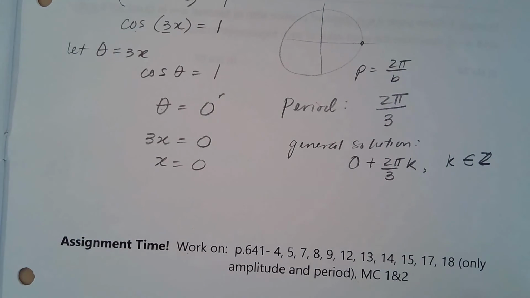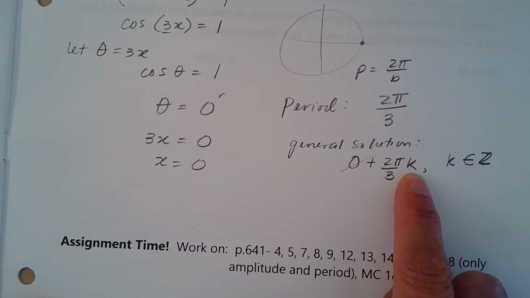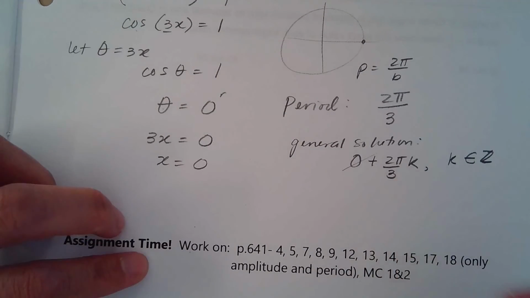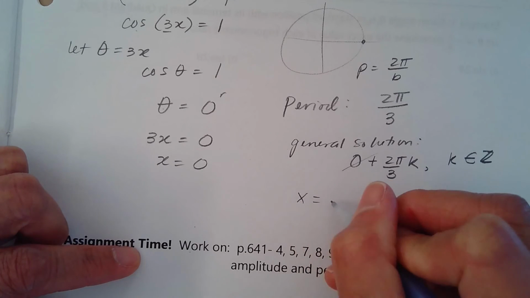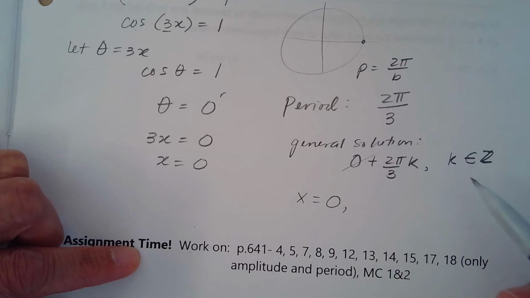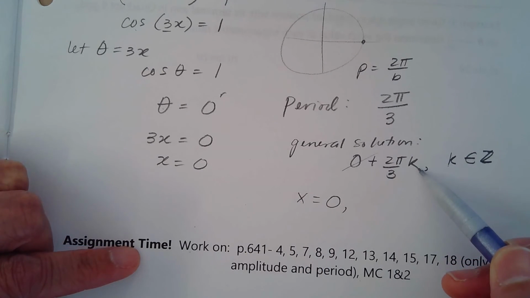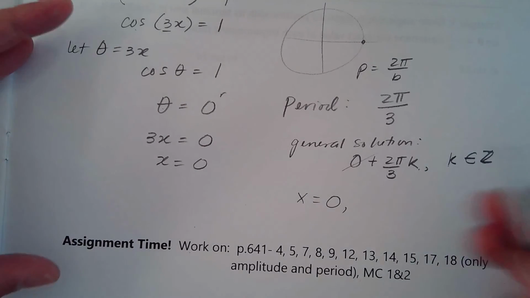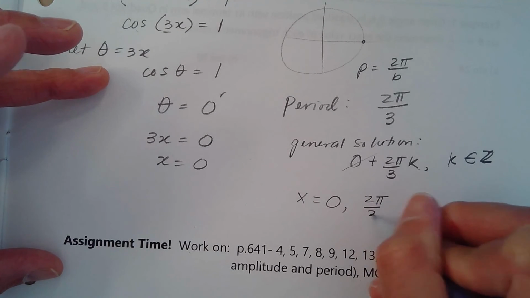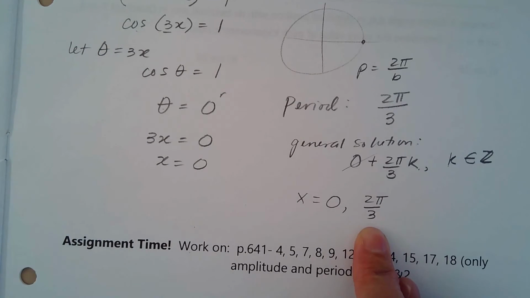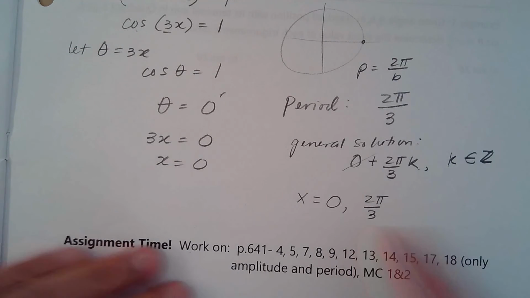Now, this one could be gone, right? If k is 0, let's start with that. If k is 0, x is equal to 0. If k is 1, it's going to be 2 pi over 3. Is that 2 pi over 3 within the 2 pi limit? Yeah. Okay.